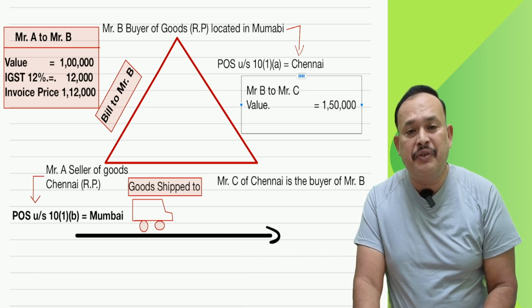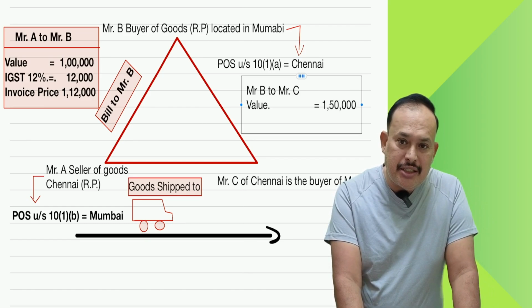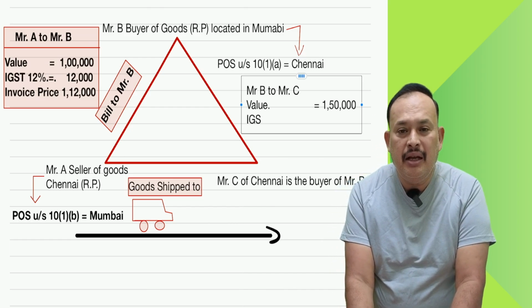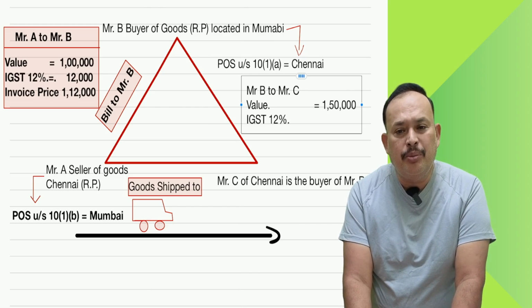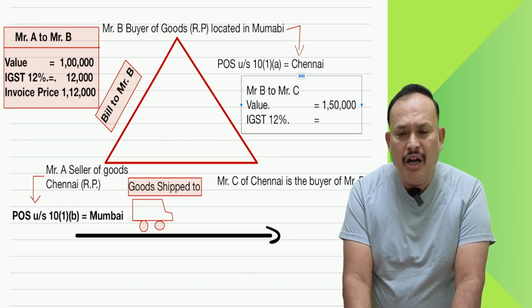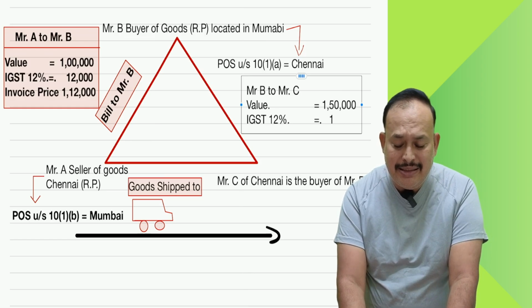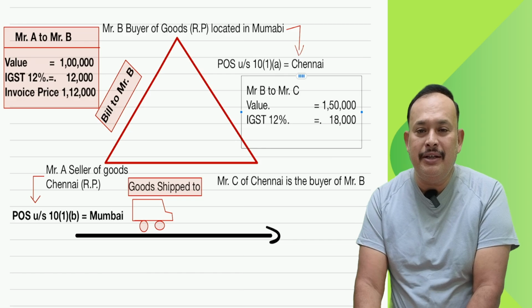Intrastate or interstate for Mr. B? Interstate. Liable to pay? IGST. 12% on what value? 12% on 1,50,000. How much will come here? It is 18,000.